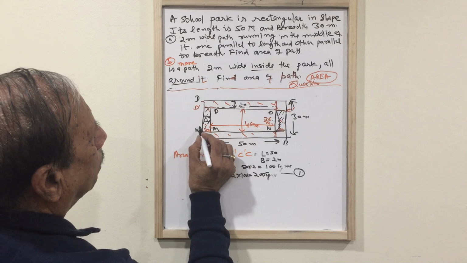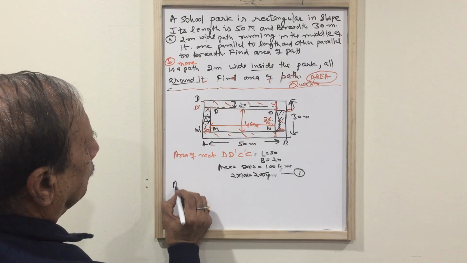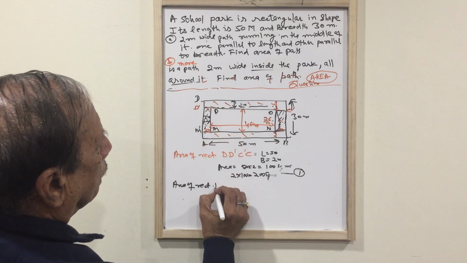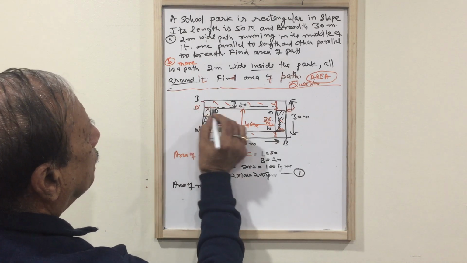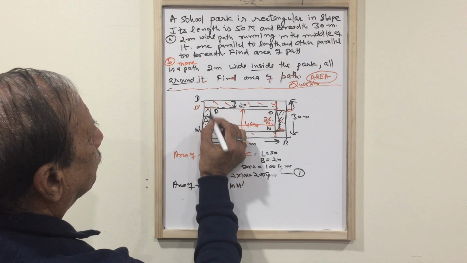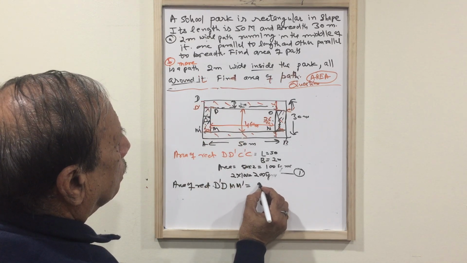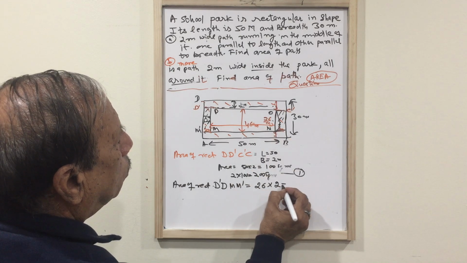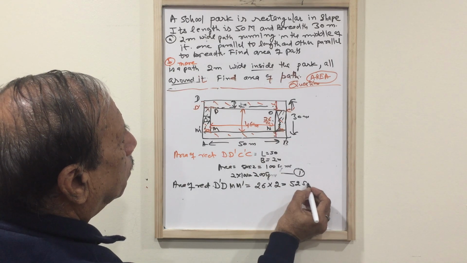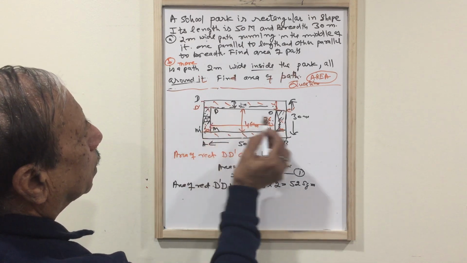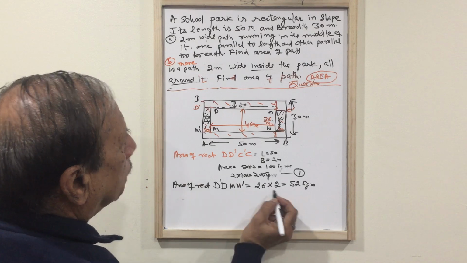This is M dash. Area of rectangle D dash M dash is equal to 26 as the length and width is 2, that is 52 square meters. And there are two rectangles of the same dimensions, so we multiply by 2.